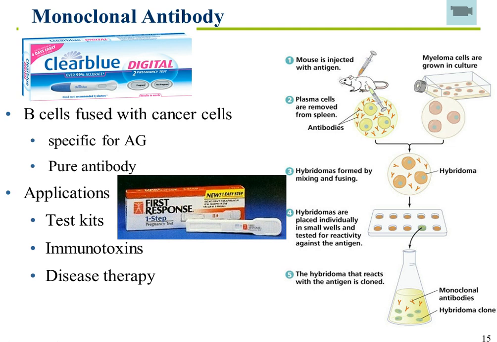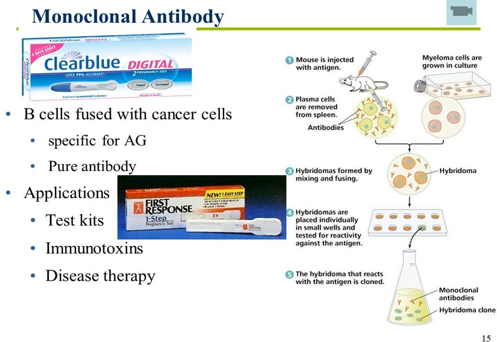Lots of the B cells of the mouse will be activated, producing a variety of antibodies, polyclonal antibodies. You kill the mouse, take its spleen, separate out the different B cells.